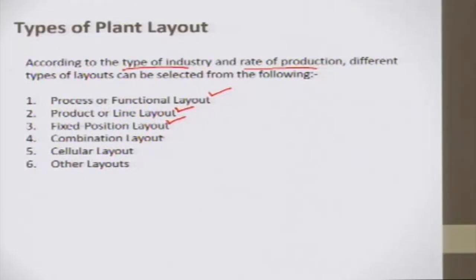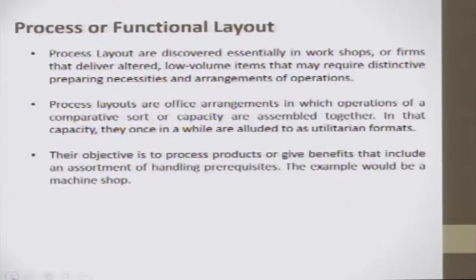Then we have a combination of these two, process and product, known as combination layout. Then we have cellular layout, which also has certain advantages, and some other kinds of miscellaneous layout. So let us come to the process or functional layout first.